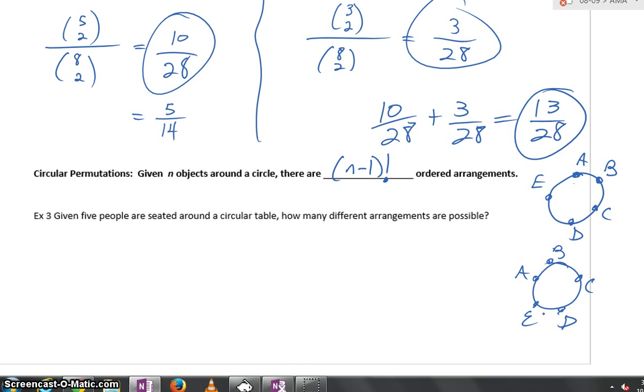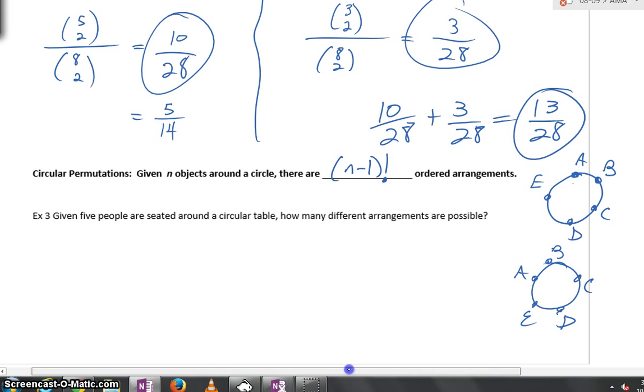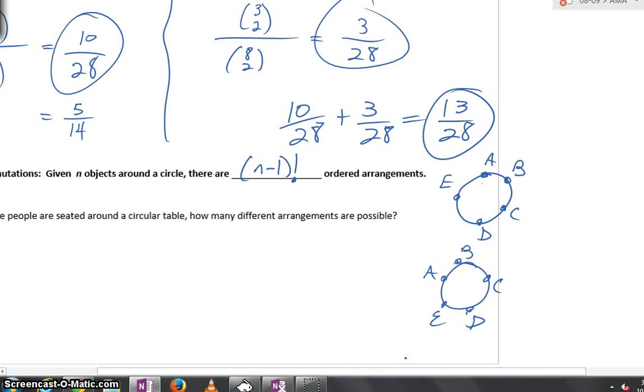Sometimes kids will say, well, okay, I guess I see that, but where on earth is this n minus 1 factorial coming from? That just seems to be crazy. Why not n factorial itself? Let me give you a little quick quasi-proof, if I may. Let's just say that you've got n people sitting around a table, okay? And right now, you have one of them have a seat anywhere. Somebody's going to have to sit down first.